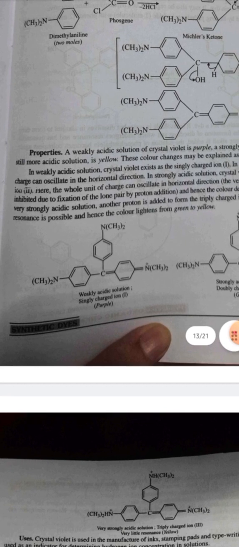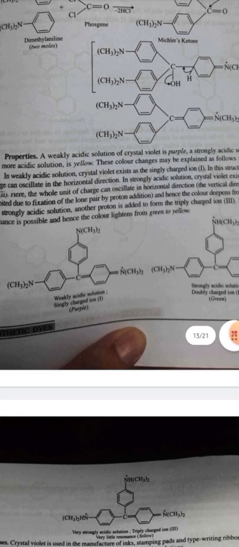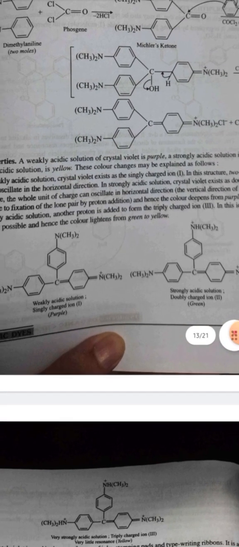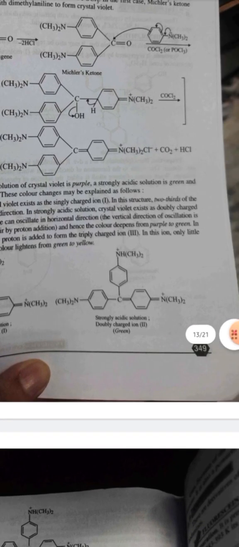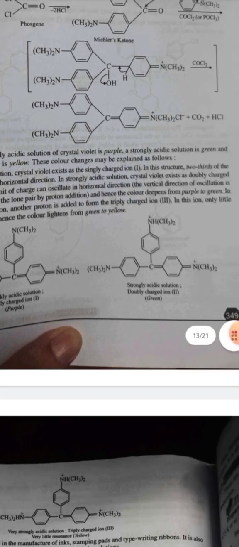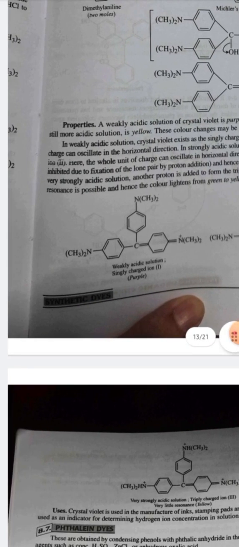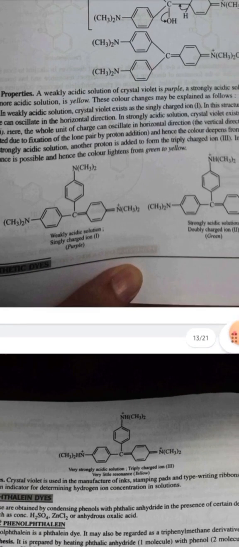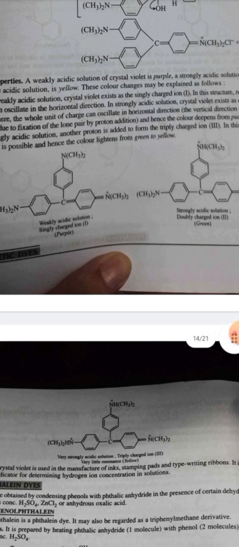In a very strong acidic solution, another proton is added to form a triply charged ion 3. In this ion, only little resonance is possible, and hence the color lightens from green to yellow.